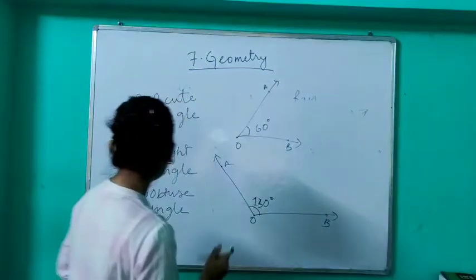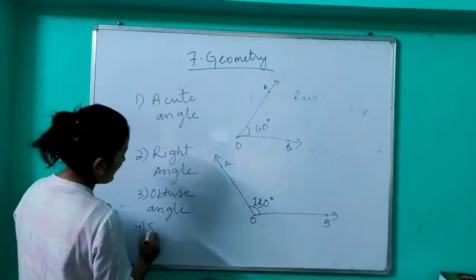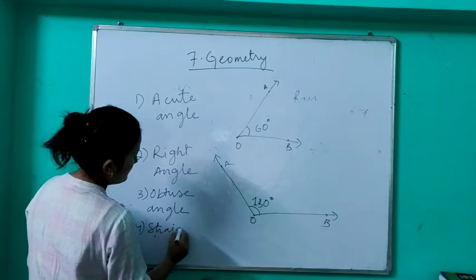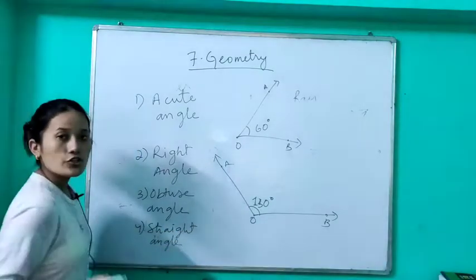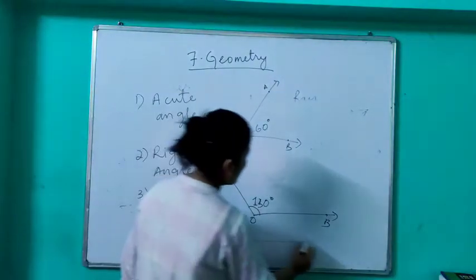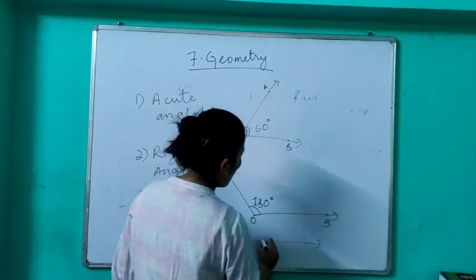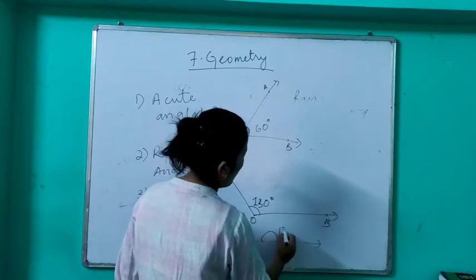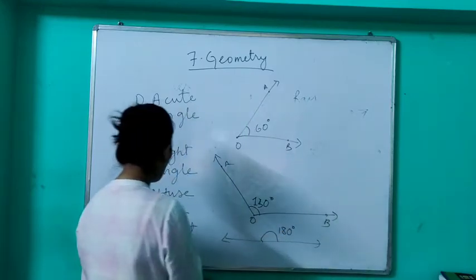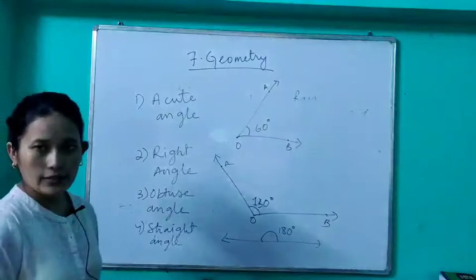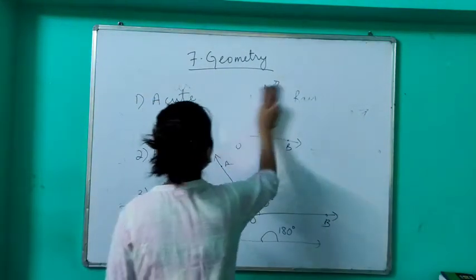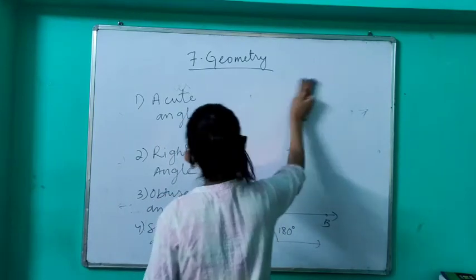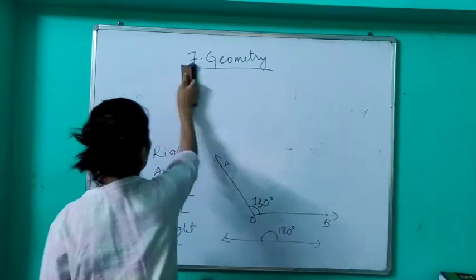Okay. The fourth one is straight angle. If the measure of an angle is 180 degrees, then you call it a straight angle. Okay. Now another one is your reflex angle.